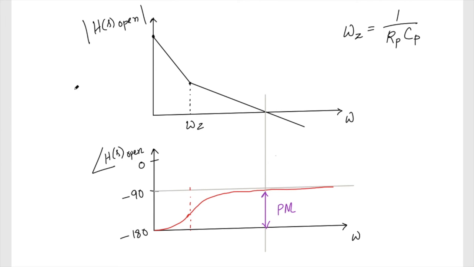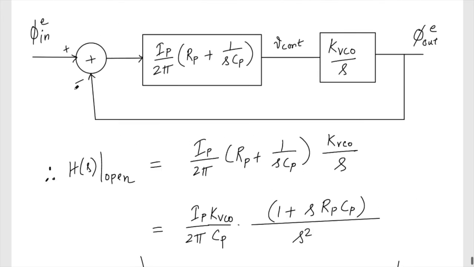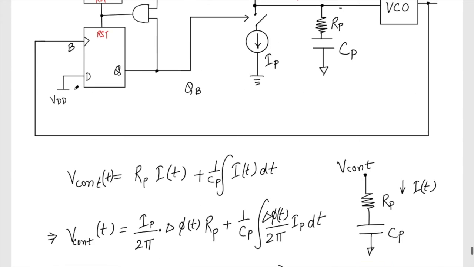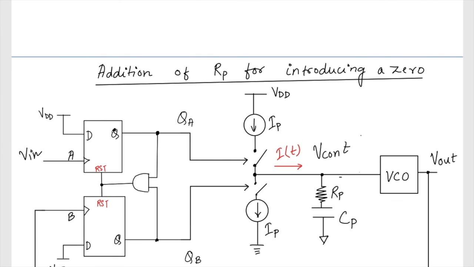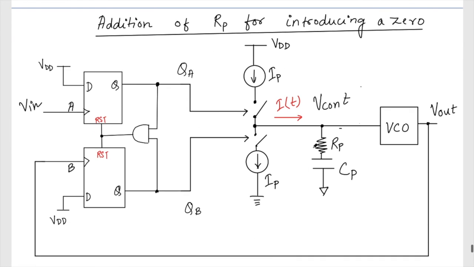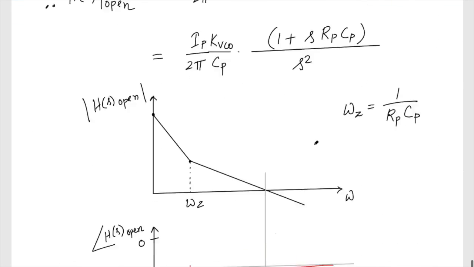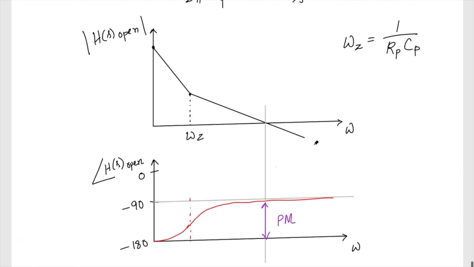Okay, so in the next lecture, we will see how to design the type 2 PLL in LTSpice, and also try to verify whatever concepts we have learned. We'll see how by adding just a capacitor, it is an unstable system, whereas by adding this resistance, we can see a stable system with a good phase margin.